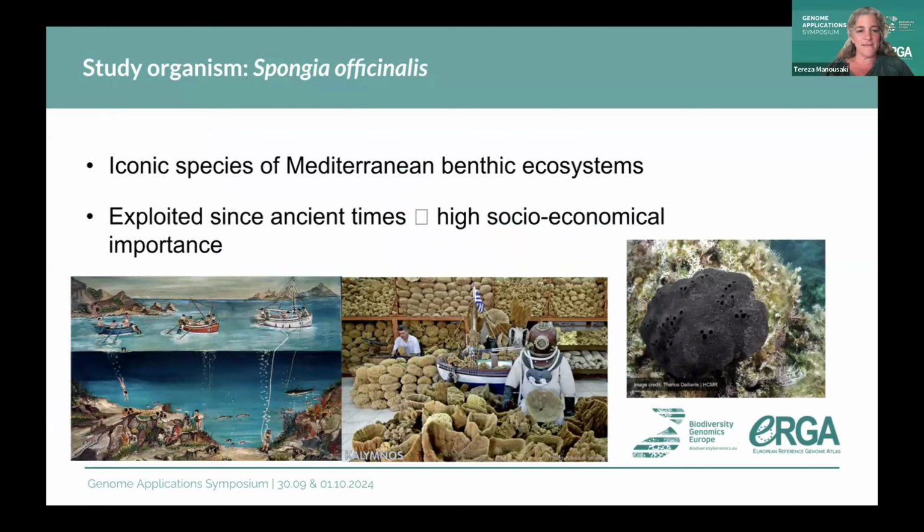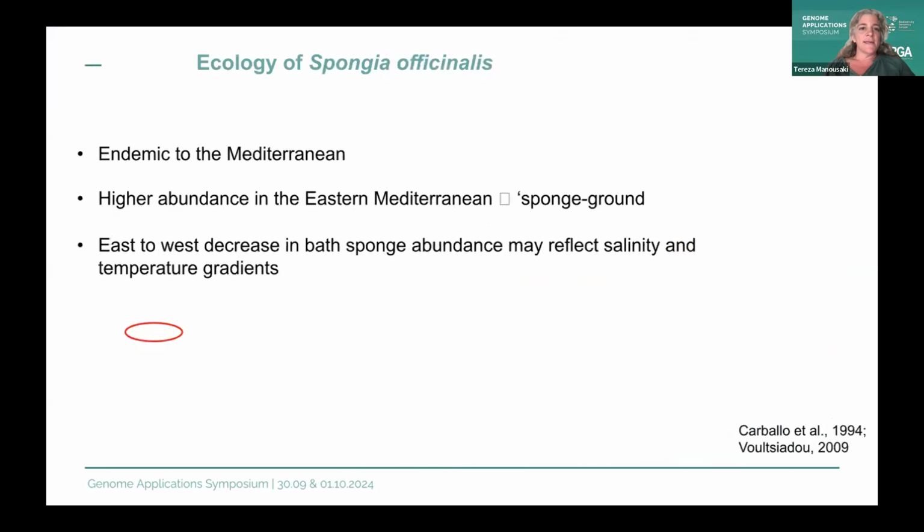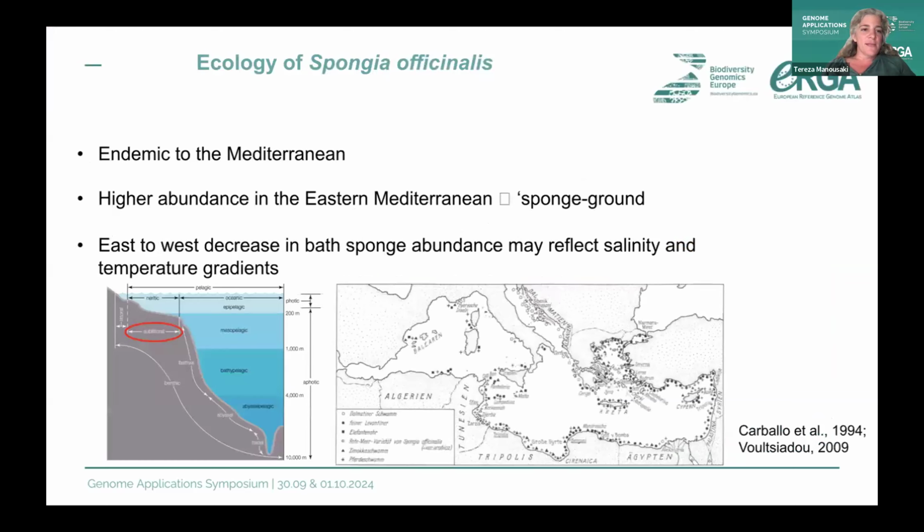There are islands that were basing their economy on that particular species. It's endemic to the Mediterranean. It has higher abundance in the eastern part of it. We have the sponge grounds, and there's a decrease from east to west, which may reflect the different conditions within the sea, like salinity, temperature gradients, and so on.